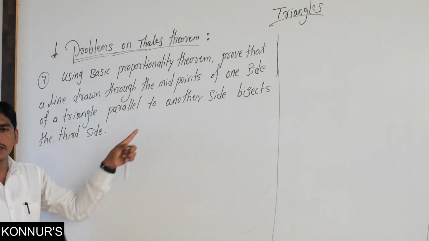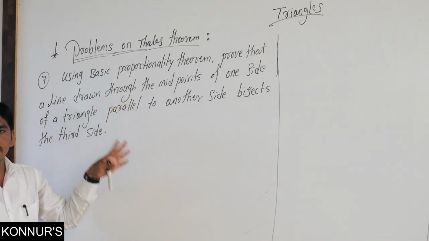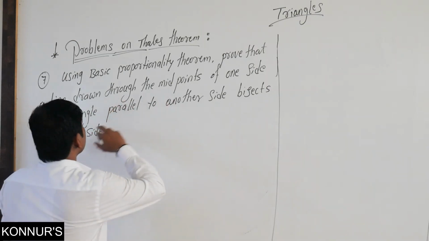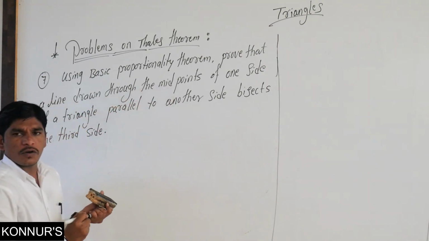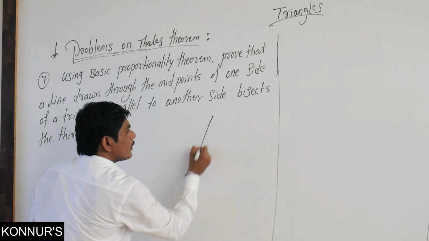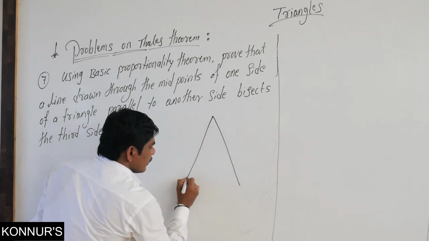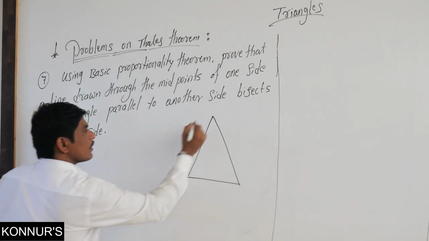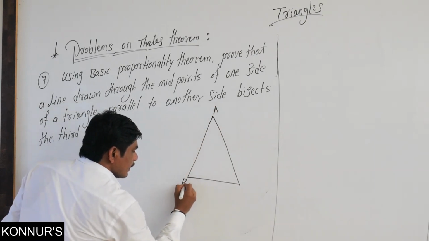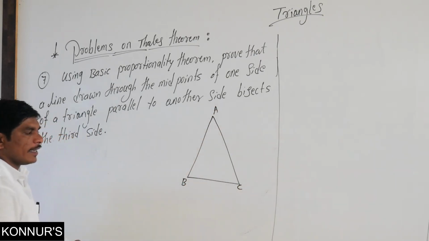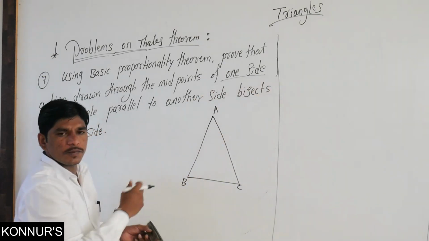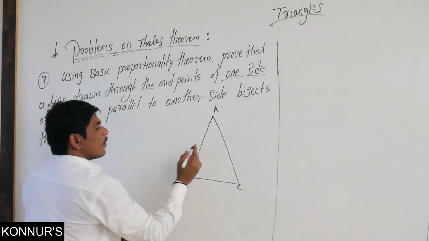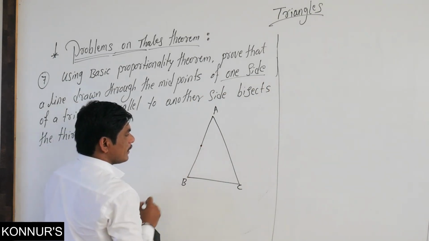First, according to the given statement, we construct the figure. A line is drawn through the midpoint of one side. In the triangle, I have considered A, B, C as vertices. Any one of the sides can be considered; here I have considered AB as one side.